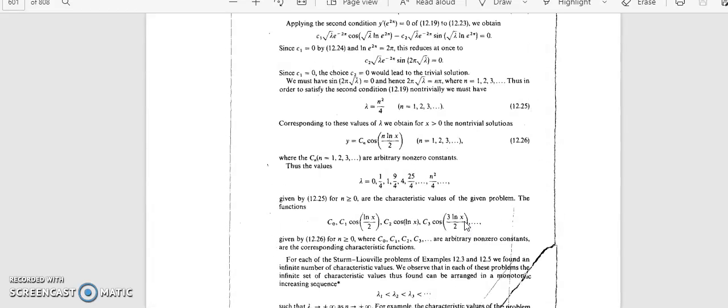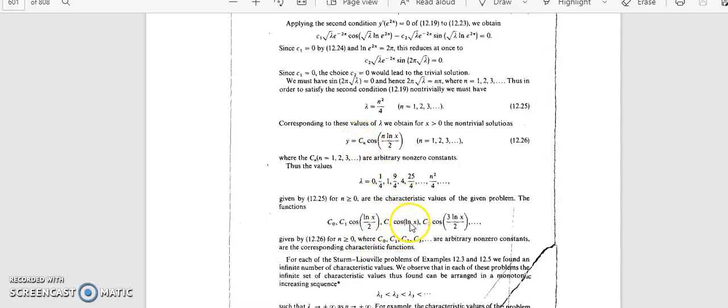For example, if we look at this one, corresponding to lambda equal to n square by 4, you are getting a one parameter family of curves here. So taking n equal to 1, you will get y equal to c1 cos ln x by 2. So there is only one arbitrary constant c1 in it.